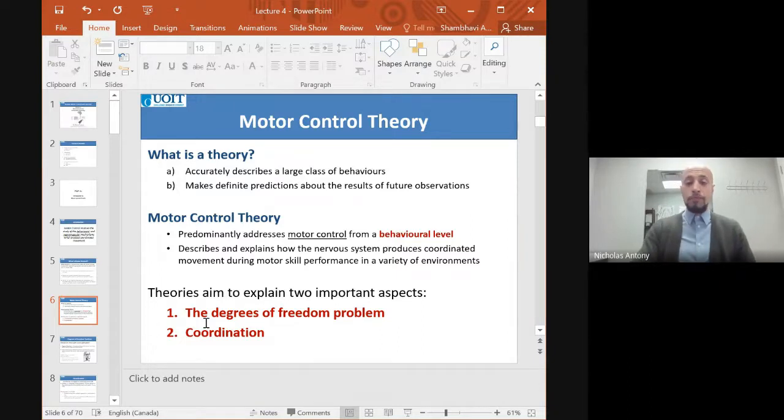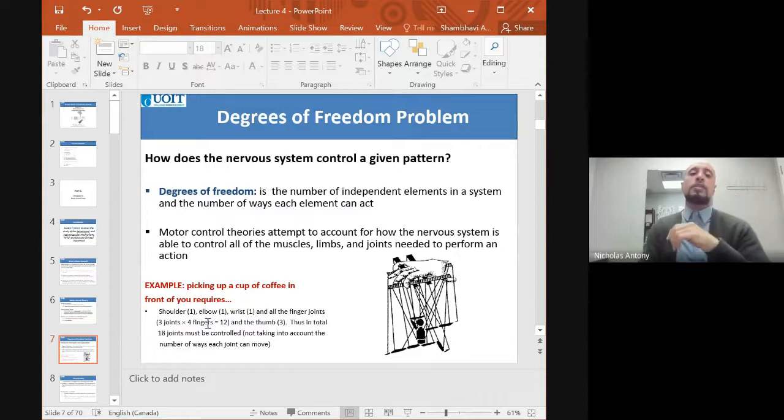One, how are we able to coordinate our bodies? And then two, this degrees of freedom problem. So degrees of freedom just means the number of independent elements in a system. If you think of robotics, the degrees of freedom are how many axes a joint can move, for example.